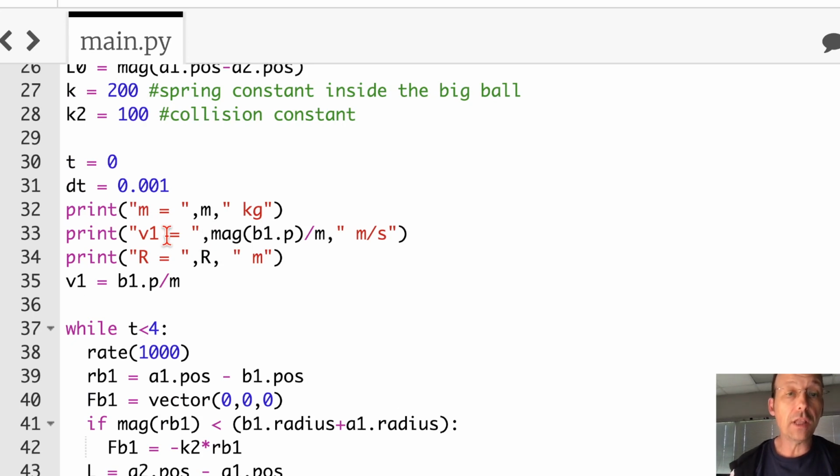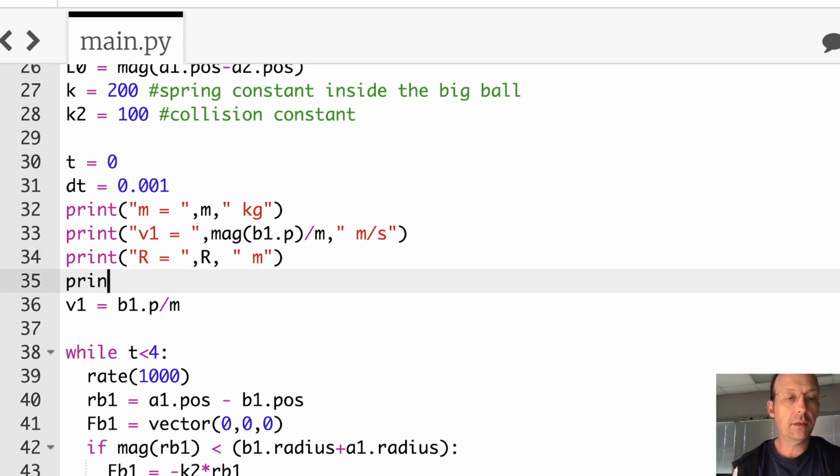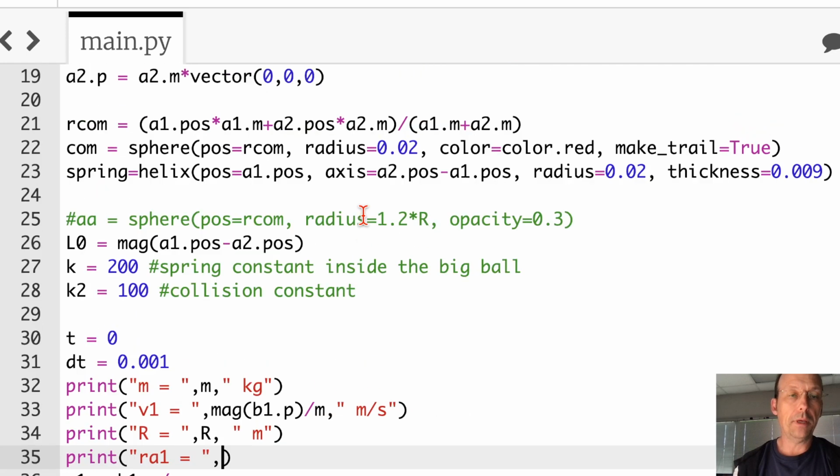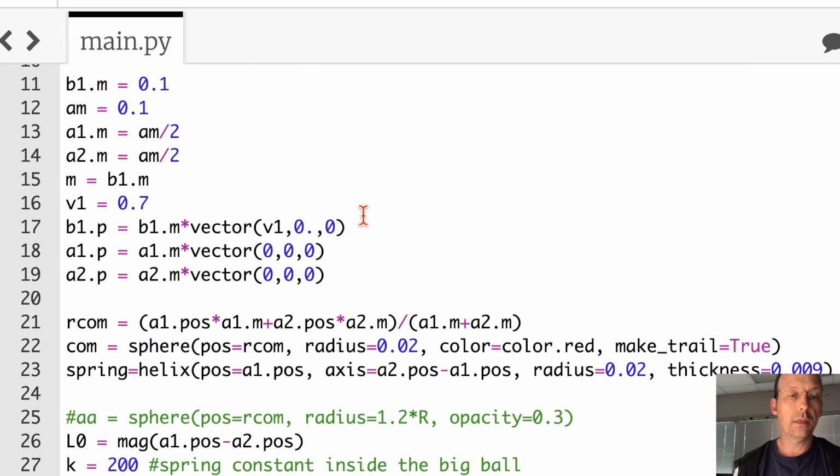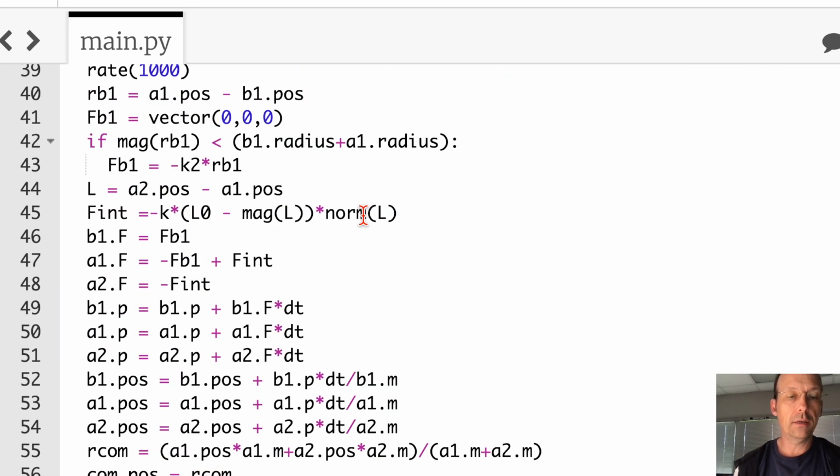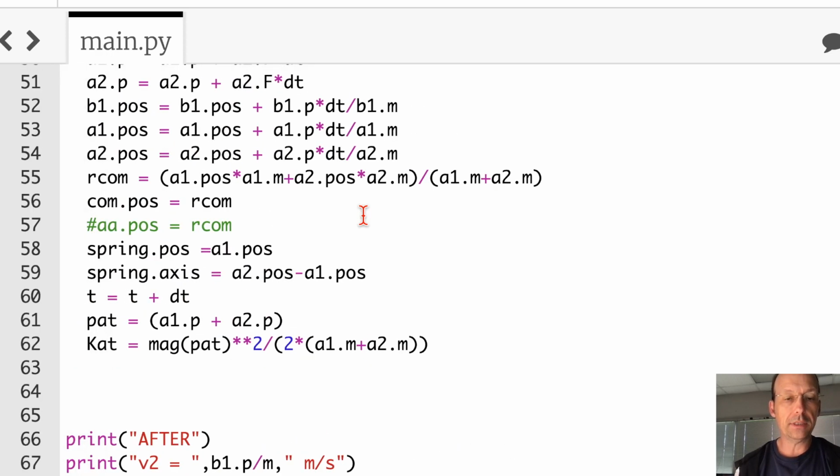The initial velocity is, I originally put it in terms of momentum, so I divide by the mass. And then R. I should also print RA1, which is going to be equal to, what would that be? B1. It's b1.pos.x.